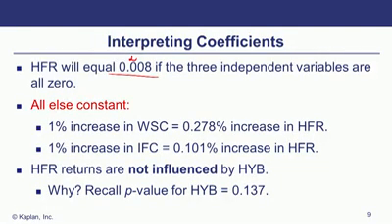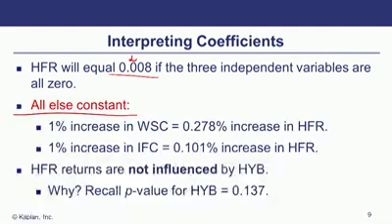Now, in terms of the actual slopes, the way we interpret them is kind of similar to the way we would interpret a slope in simple linear regression. But of course, because there is more than one slope, we have to add one very important piece of wording, and that is that we are keeping everything else the same.